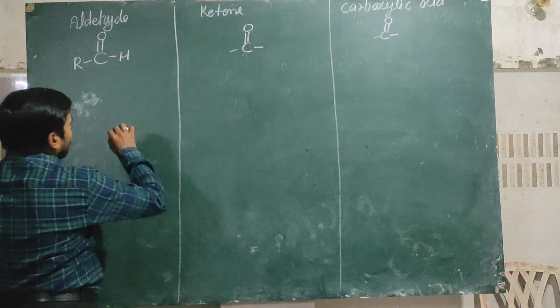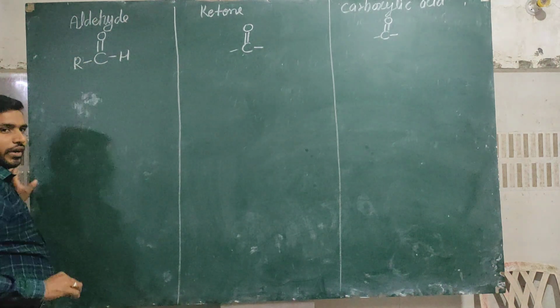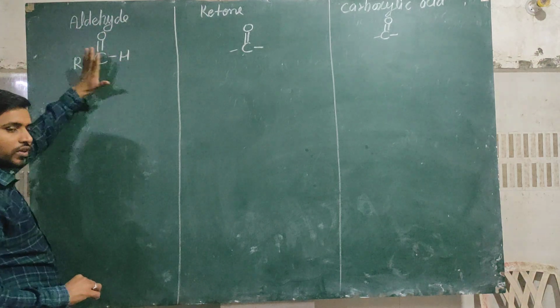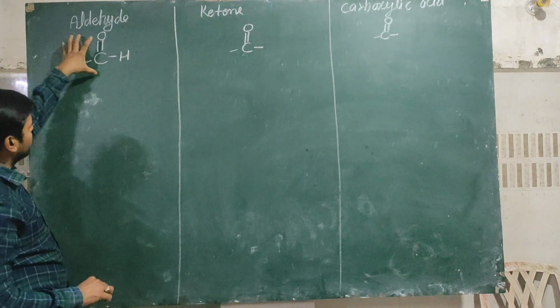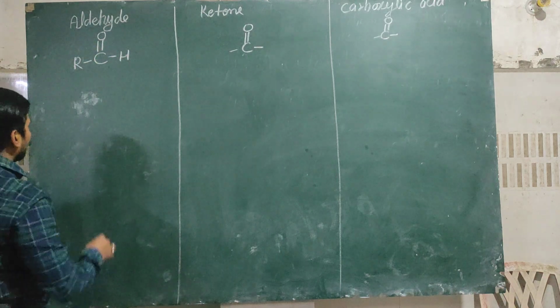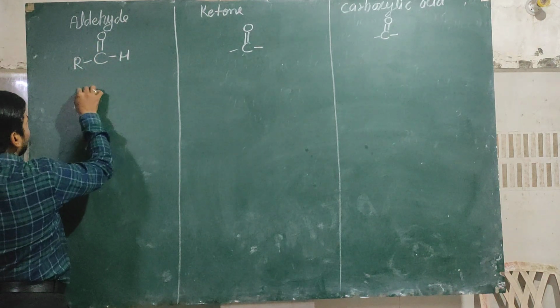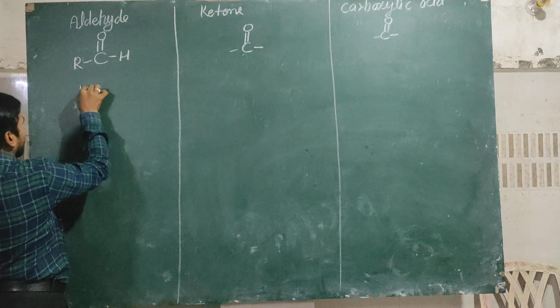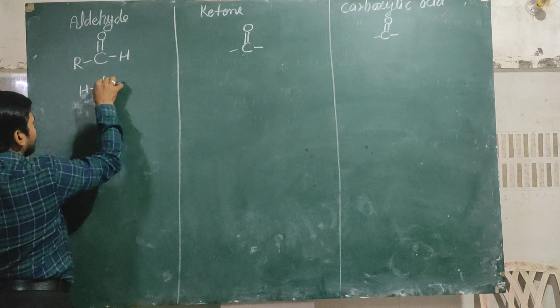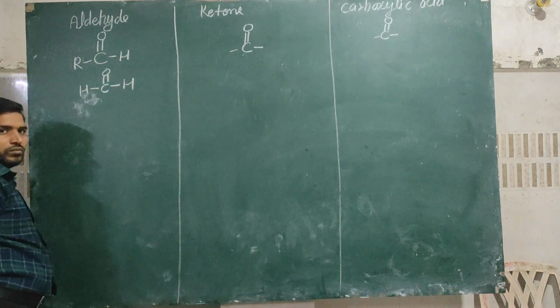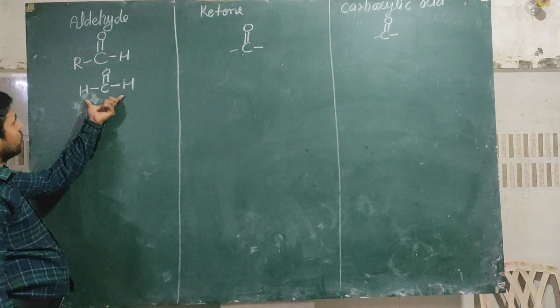Okay, अगर हम एल्डिहाइड की बात करते हैं तो जब कार्बोनिल ग्रुप हाइड्रोजन और कार्बन के बीच में पाया जाए तो इसे हम क्या बोलते हैं बेटा? एल्डिहाइड बोलते हैं। ओके, and in case of formaldehyde where carbonyl group is present in between two hydrogen atom, then it is known as formaldehyde.